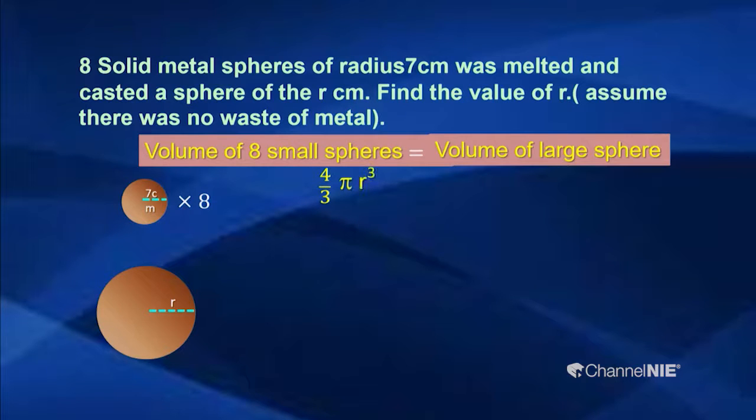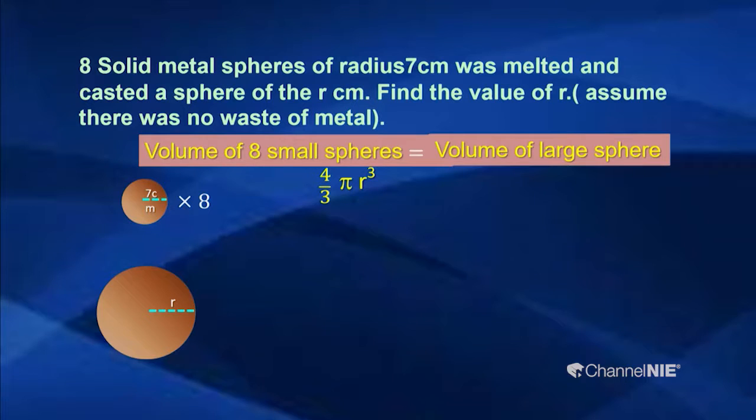Okay. Then considering the small sphere, we know that the radius of this one is 7 centimeter. When finding the volume of the sphere, we want only one measurement. What is it? Radius. So 4/3 π r cube.